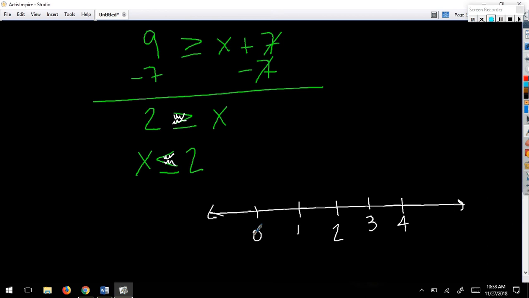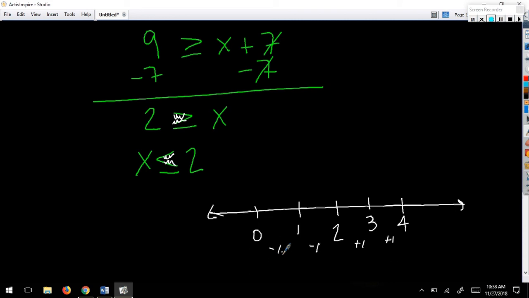So I started with 2, then 2 plus 1 is 3, plus 1 is 4. But when you go this way, you go negative 1 and then negative 1. It doesn't matter how you set up your number line.